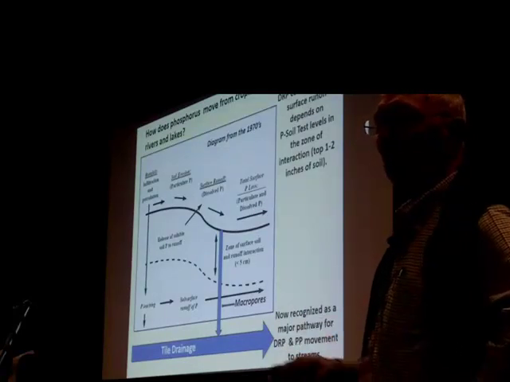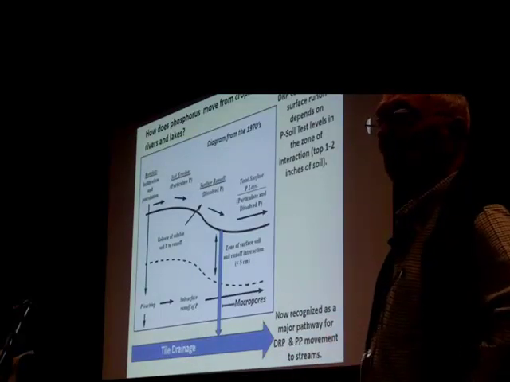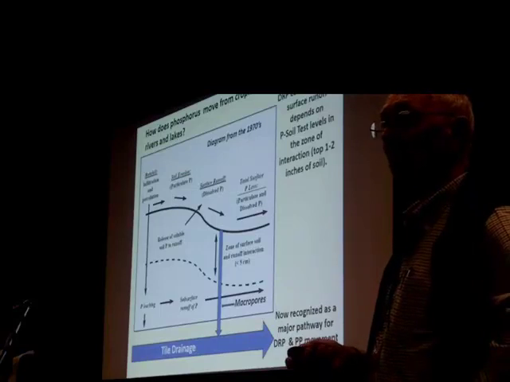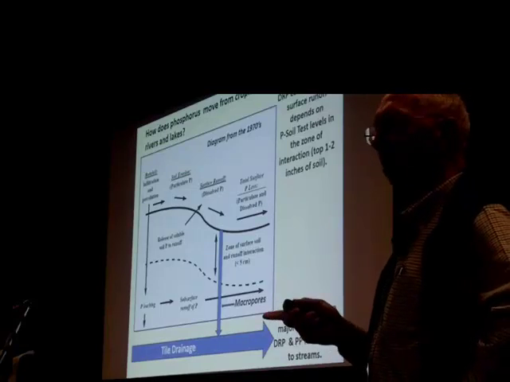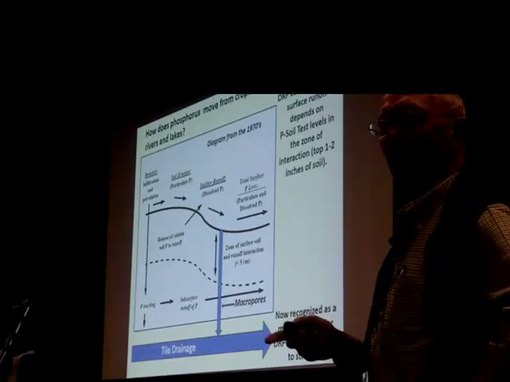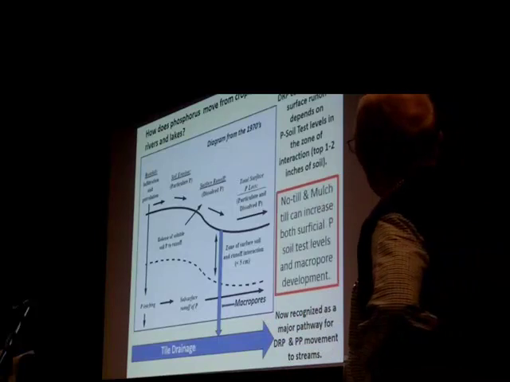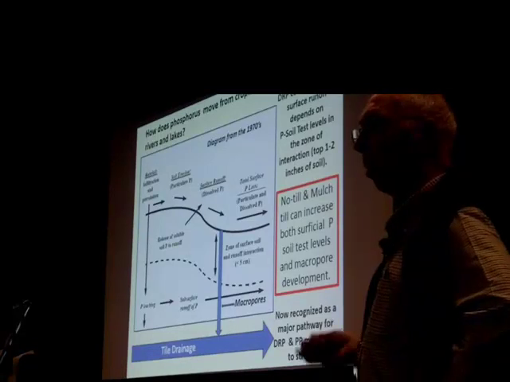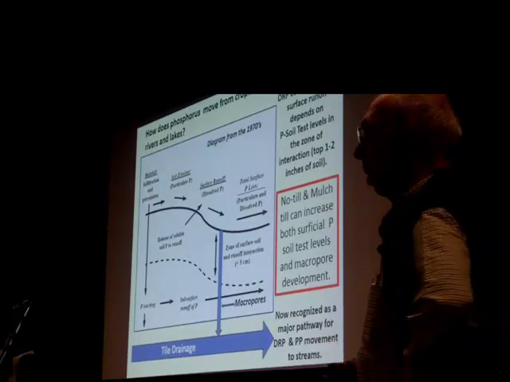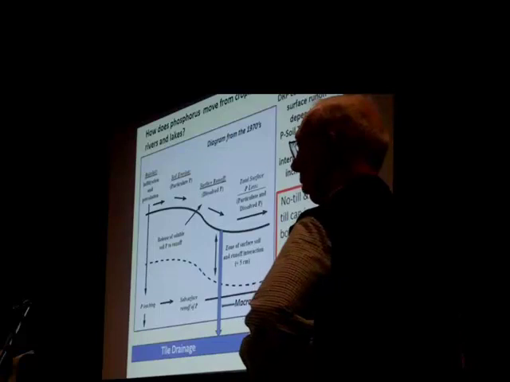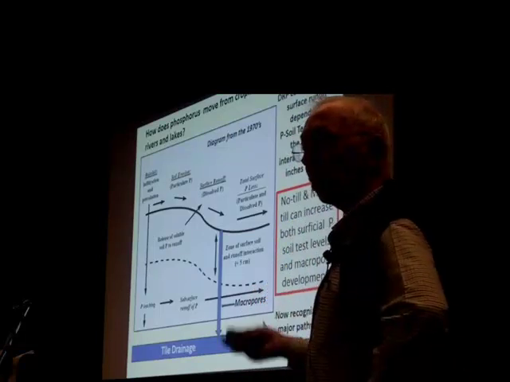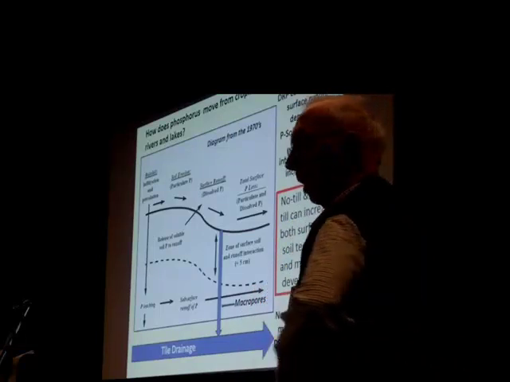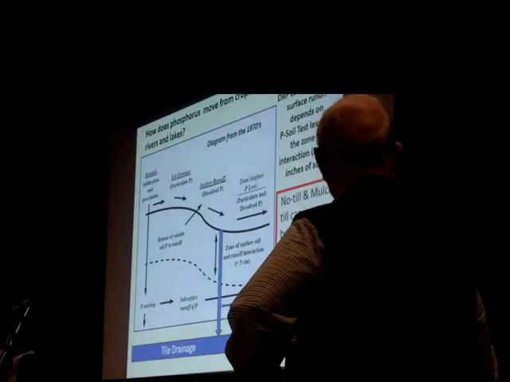Now we recognize that it's not just the nitrate. There's a lot of dissolved phosphorus coming out thanks to macropores, it turns out. And as you may know, no-till, mulch-till, these things can increase both superficial phosphorus soil test levels and macropore development in the soil. So there are two ways that no-till, mulch-till, these erosion control measures can in fact increase DRP runoff.